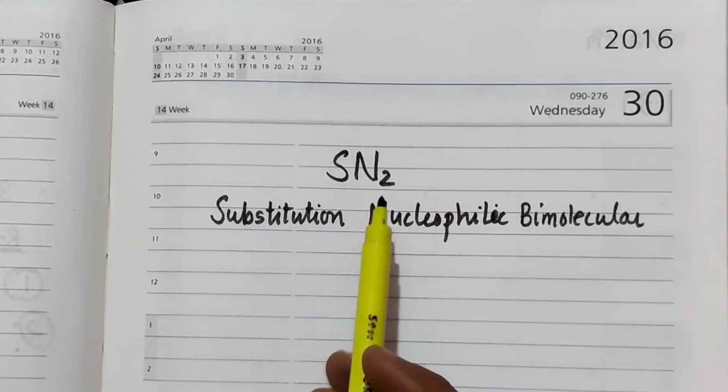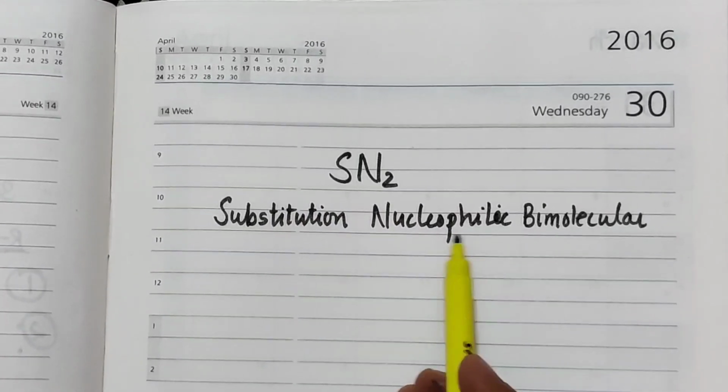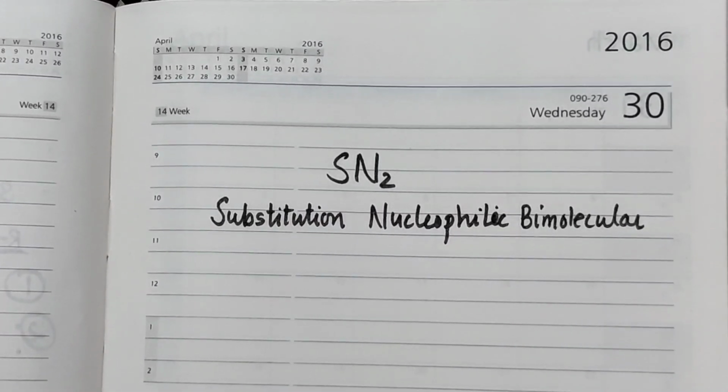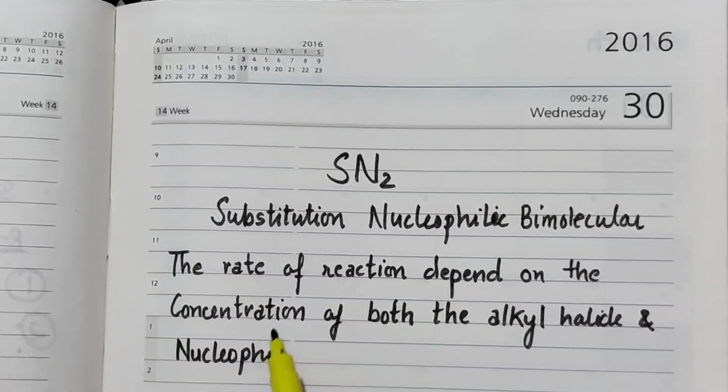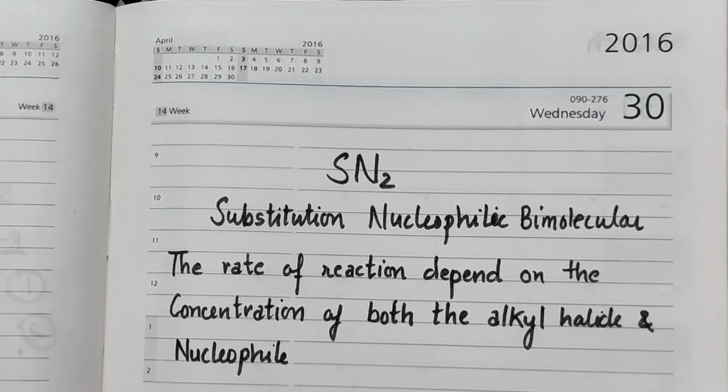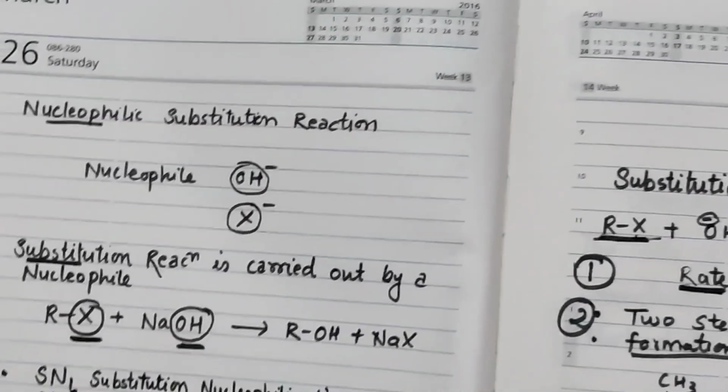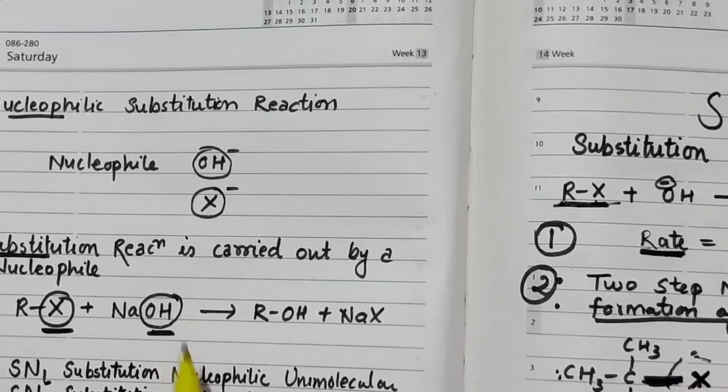Now the next type is SN2, that is substitution nucleophilic bimolecular. That is, when the rate of reaction depends on the concentration of both the alkyl halide and nucleophile, then it is called a nucleophilic substitution reaction SN2.